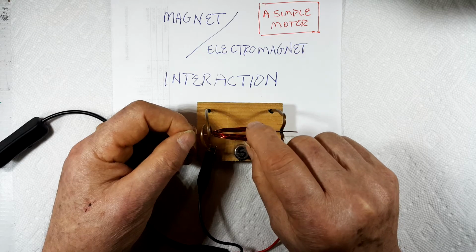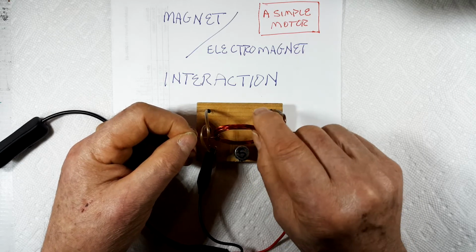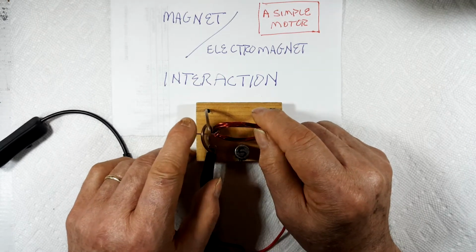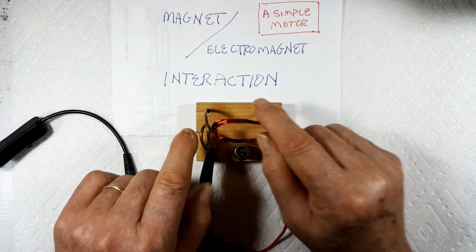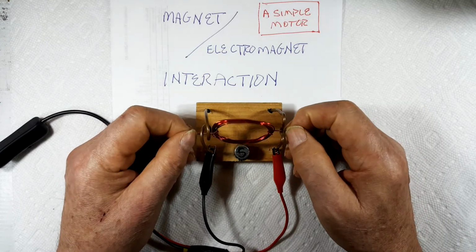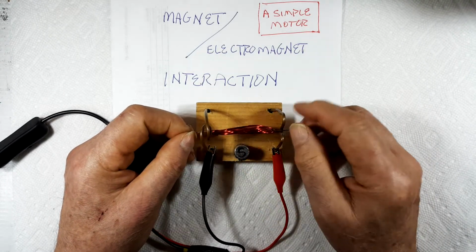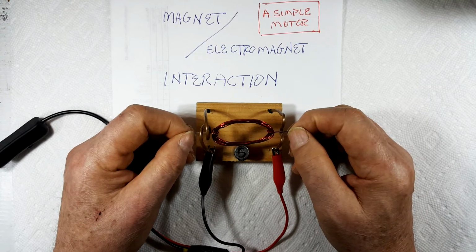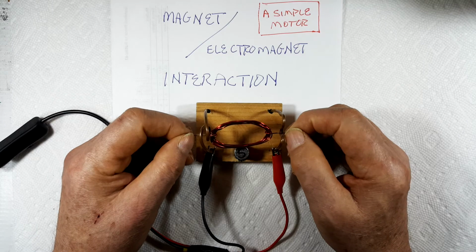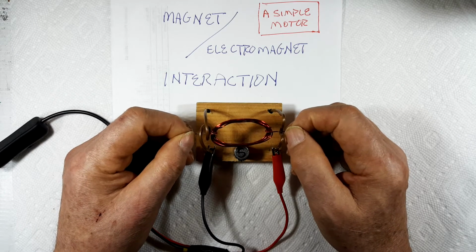But then when it gets to the other side and there's a north pole that would be attracted to the south pole, it would freeze, nothing happens because there's no flow of electrons. So every half a cycle, the south pole here is repelling the south pole here, and the other half, nothing is happening because there is no electromagnet.